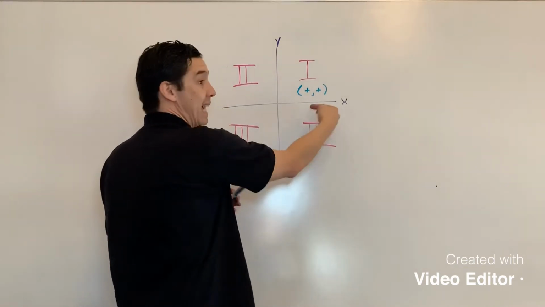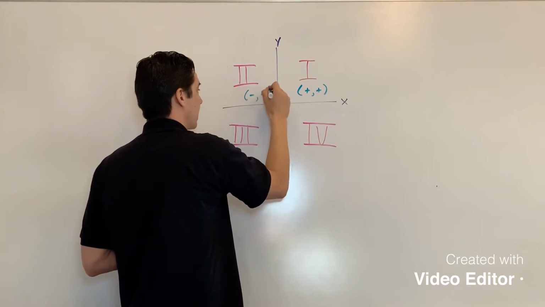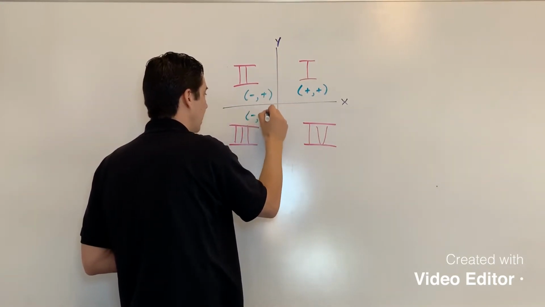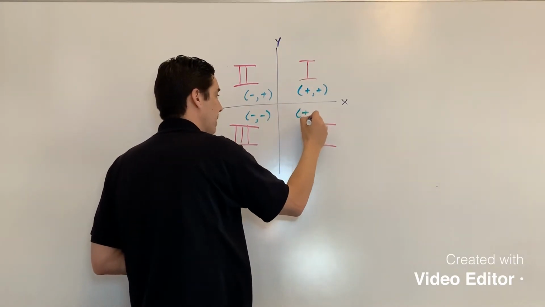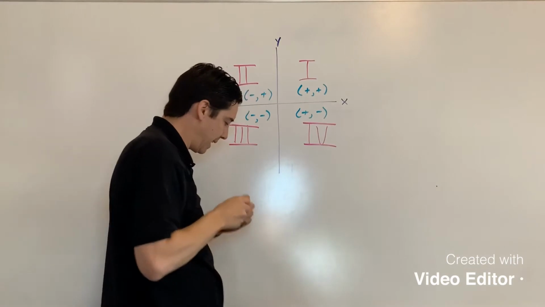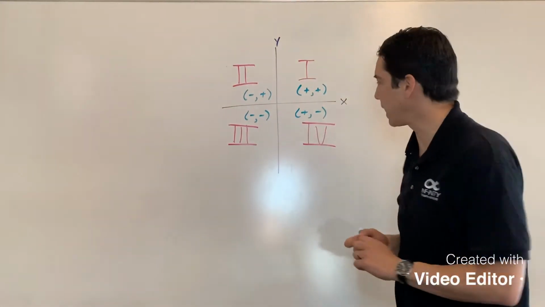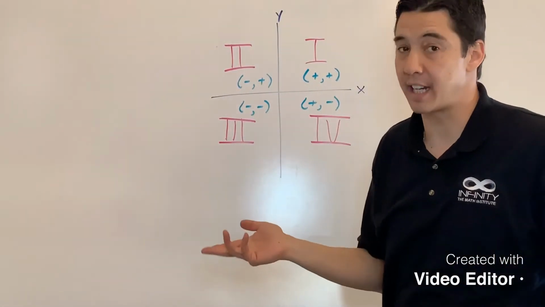And this is where x is negative, y is positive. X is negative, y is negative. And x is positive, y is negative. Okay? And just some food for thought. If you have a point on an axis, it is not technically in a quadrant.